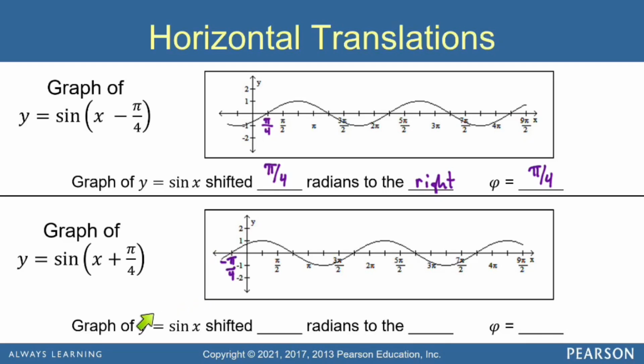So in this case, we would say that sine of x plus pi over 4 is just the graph of sine of x, but it's been shifted pi over 4 radians, this time to the left. And so when we want to give a value for phi, because this phase shift is to the left, we'll say that phi equals negative pi over 4.